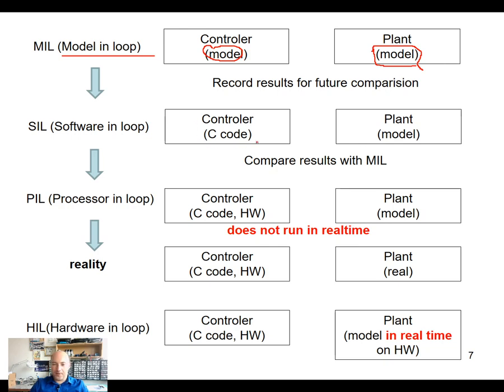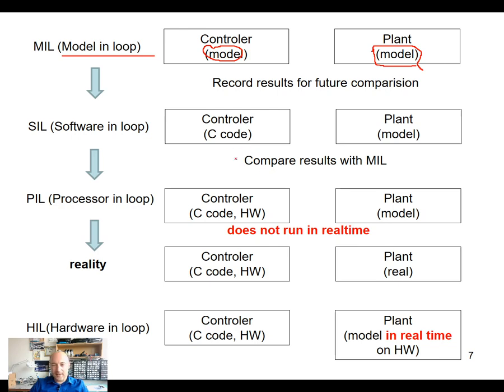So what might happen is that you find out at this stage that your controller algorithm was working well in the model, but it's not working at all in the C code, because, for example, it can be too slow, or it will not have enough accuracy in the numbers. And then you need to go back to the model and design a different algorithm so that you can actually implement it in C as software.